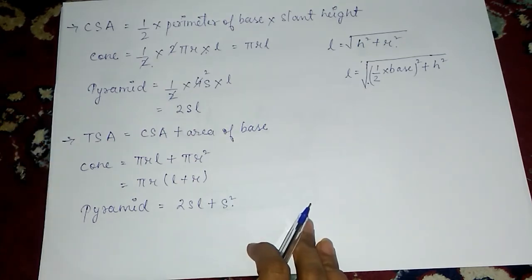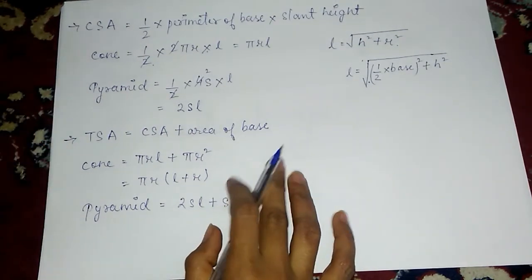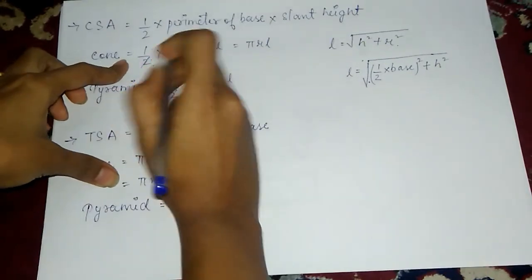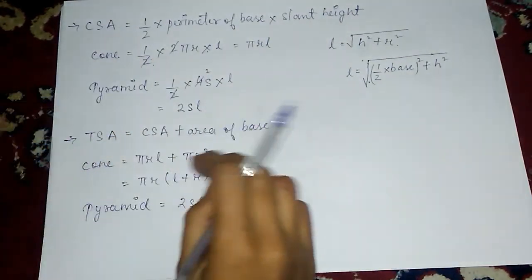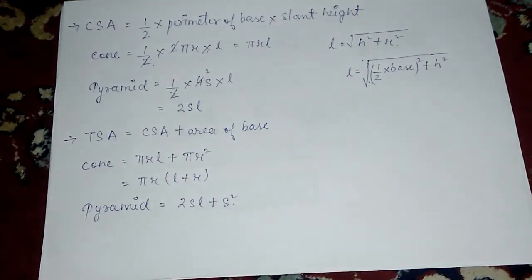Alright, so I have told you today about prism and pyramid. A prism is any figure which is joined by a set of straight lines from top to bottom. And a pyramid is any figure which has a flat surface but a pointed top.